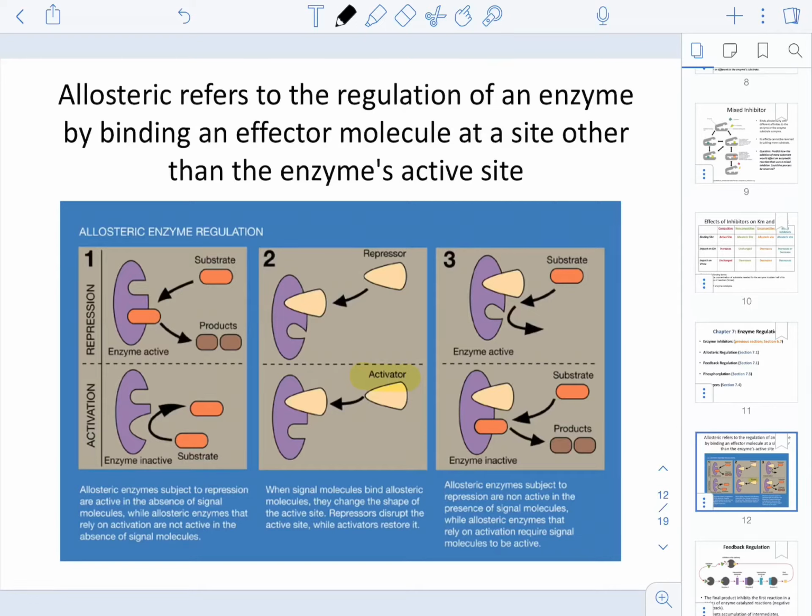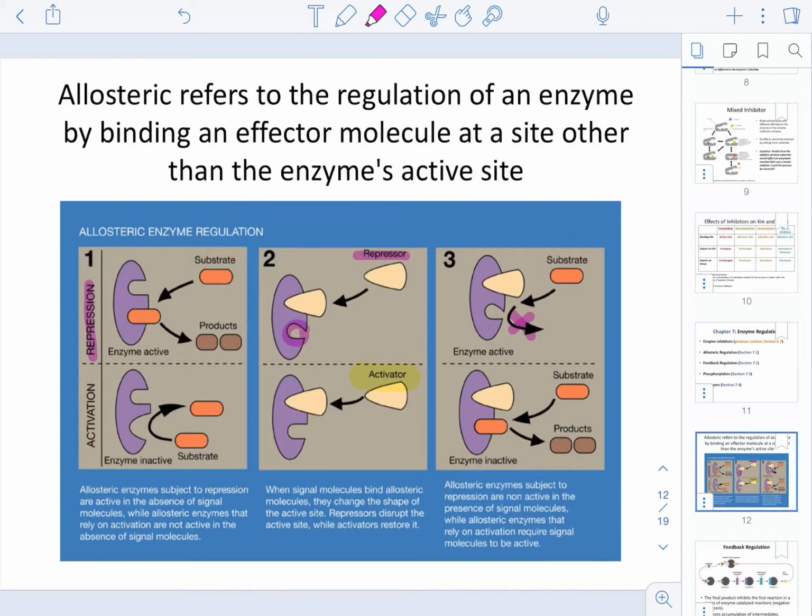Now, specifically when we were mentioning the idea of, for example, a non-competitive inhibitor, we were talking about a regulation that includes repression. Because what happens is that if we have a repressor, it binds allosterically to the enzyme. It changes the shape of the active site. So now the enzyme cannot produce product.